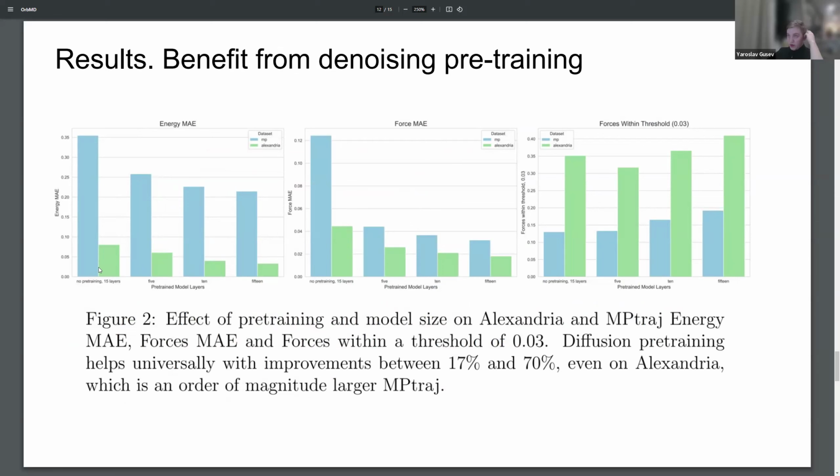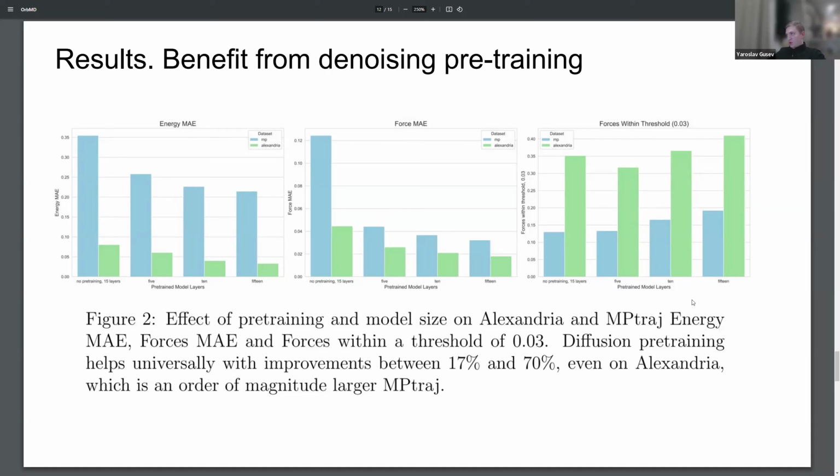The left bar is about training without pre-training on the denoising task, and then you can gradually take layers from a pre-trained model into the actual model that you want to train, and you observe that your loss of the energy goes down if you introduce more and more pre-trained layers, and your error for the forces also goes down.